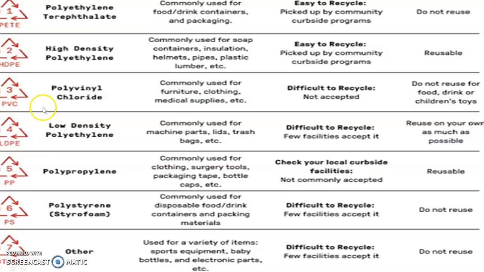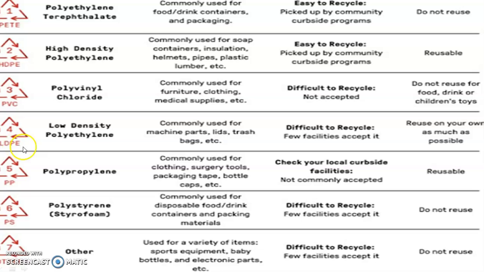Next, in the triangle 3 is there, and at the bottom PVC is written. What is PVC? Polyvinyl chloride, commonly used for furniture, clothing, medical supplies, etc. Difficult to recycle, not accepted. Do not reuse for food, drinks or children's toys.